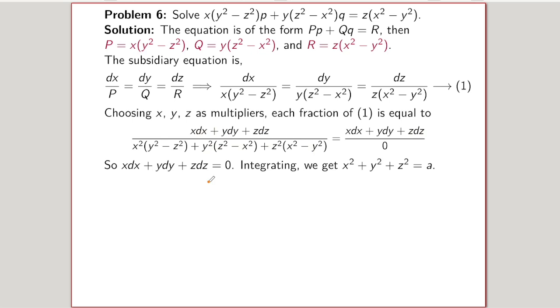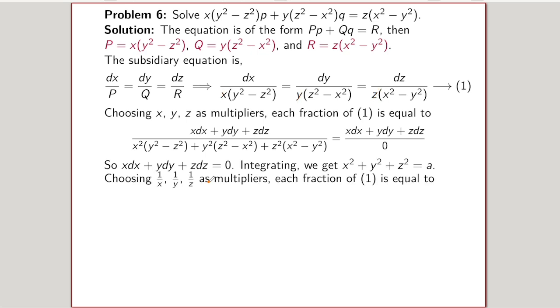And next one, suppose if I am removing this x and y, what will happen? This minus z square will get cancelled, and if I remove this z also, x square minus z square plus z square y square, everything will get cancelled. So I am going to choose the multipliers as 1 by x, so that x and denominator x will get cancelled.